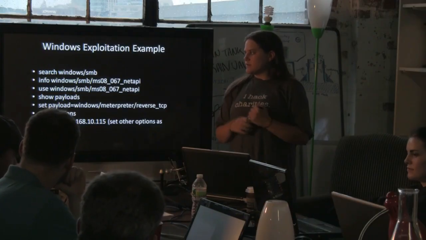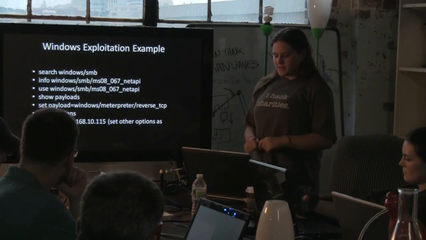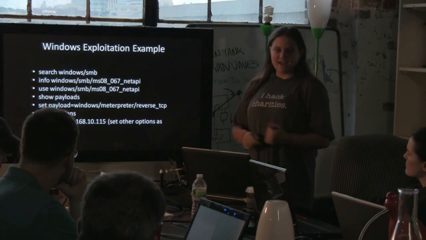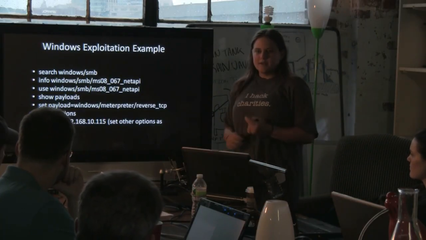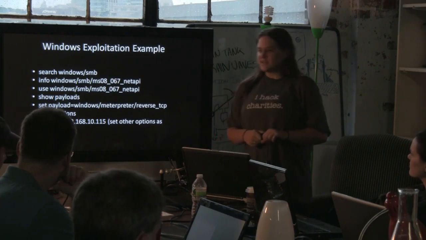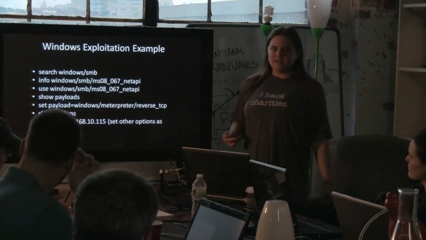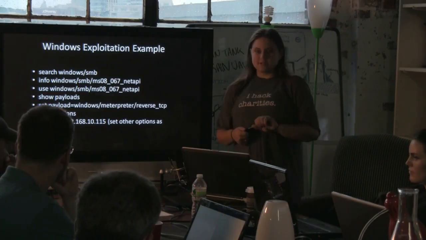At the top I'm saying search Windows SMB. I can tell because I know, but we'll show next week how to find out what vulnerabilities might be present on a system. I know that I have Windows XP with an SMB vulnerability, so I search for Windows SMB. It will show me all the modules that pertain to Windows SMB exploits.